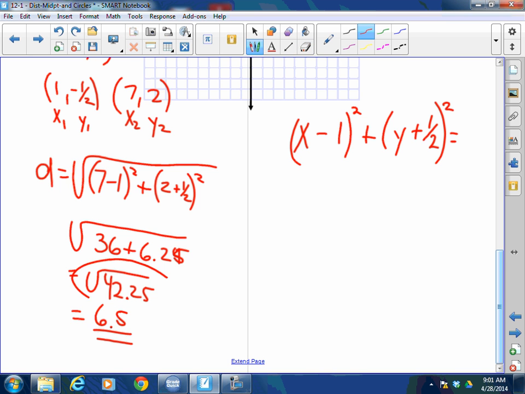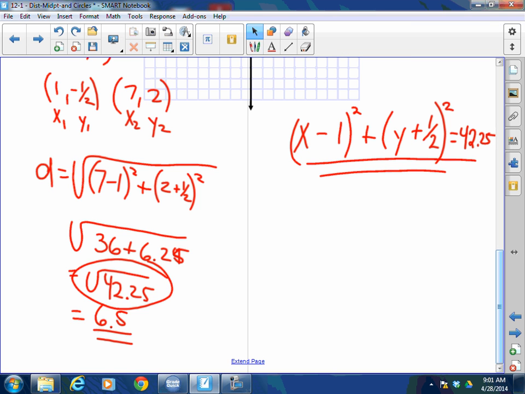Isn't r the square root of 42.25? Don't we have to square it for the formula? So it's just 42.25. Because what happens when you square a square root? They cancel. Does that make sense?